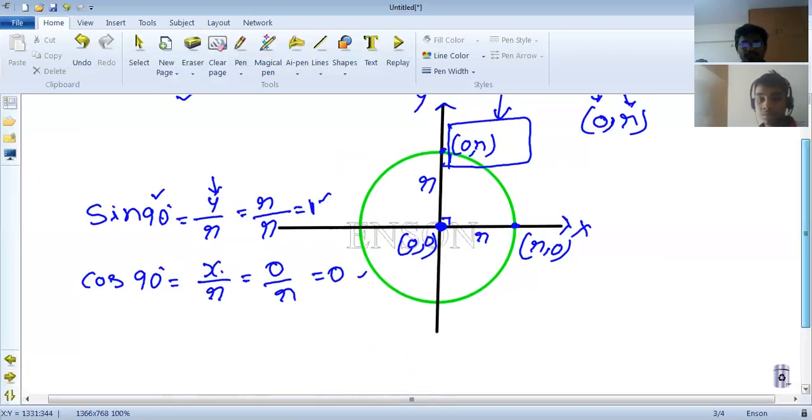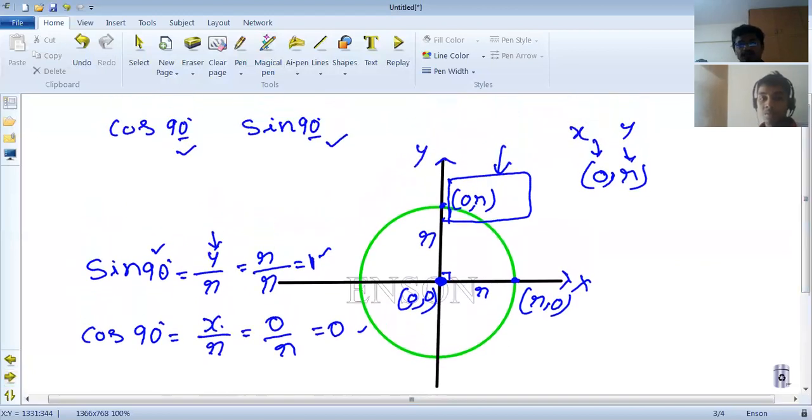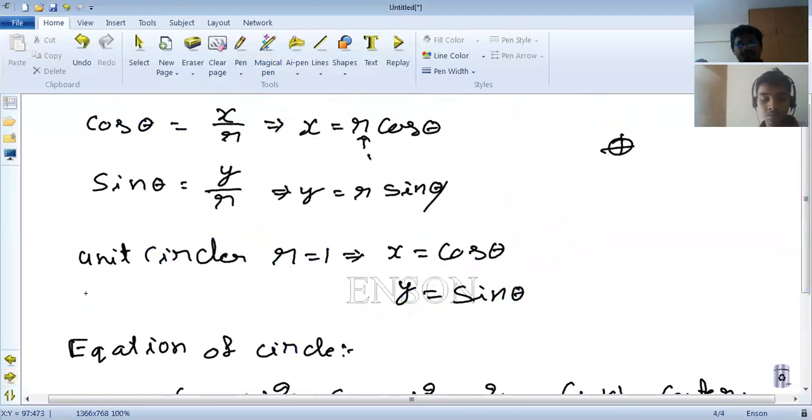And next we have done for the angles, how it will work out, like for the theta value, while you are substituting a theta value, how you will get the values for sine and cosine. Now cos theta is equal to x by r, which we already know, can be represented like x is equal to r cos theta or y is equal to r sin theta.